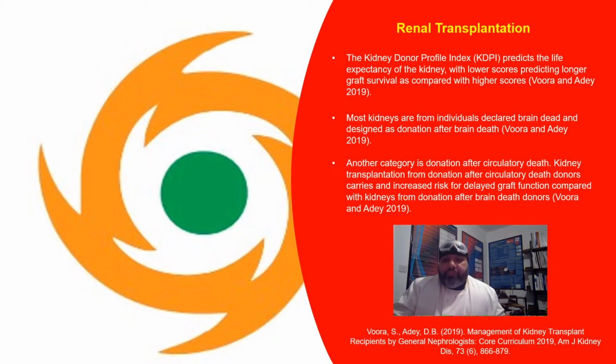Now, in line with this, a KDPI also predicts the life expectancy of a renal transplant or kidney transplant, with lower scores predicting longer graft survival as compared with higher scores. Most kidneys are from individuals declared, from a cadaveric perspective, as brainstem dead, designated as donation after brain death.